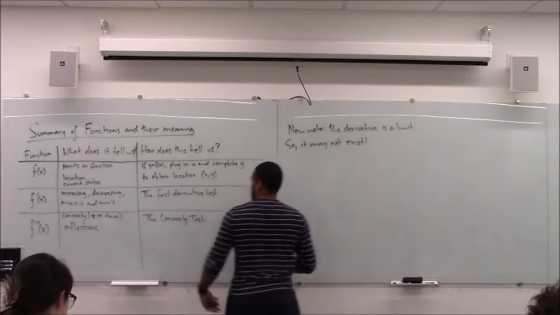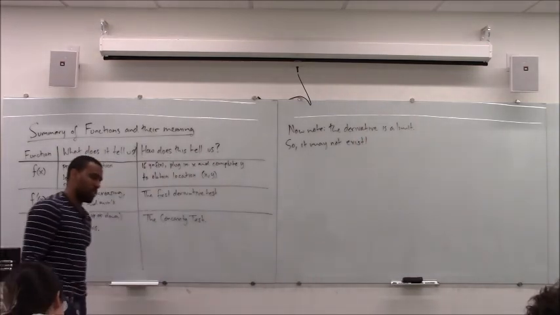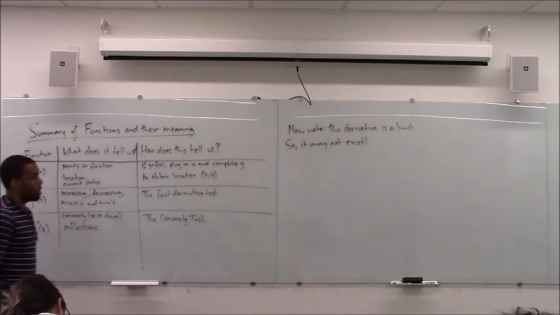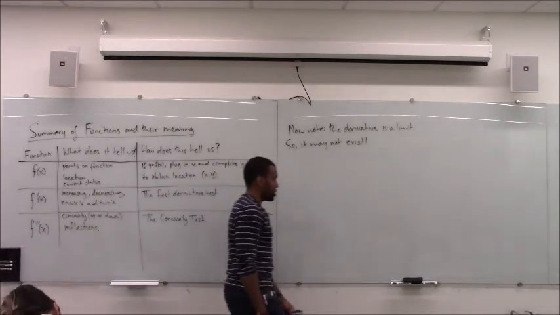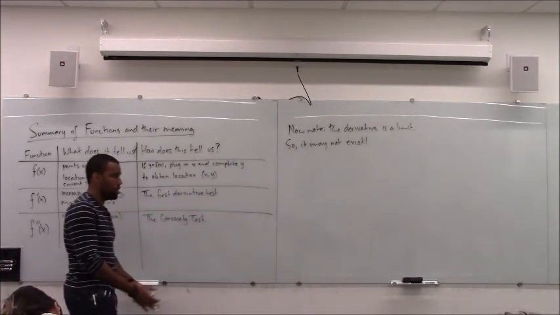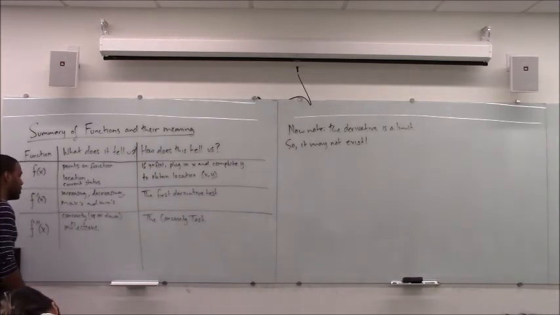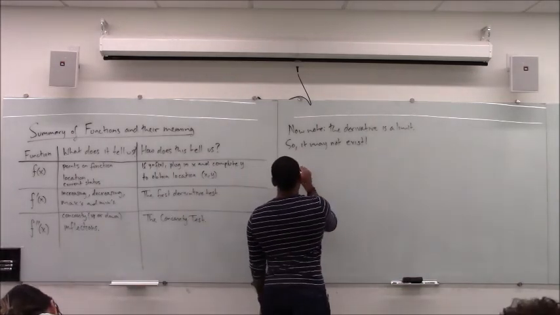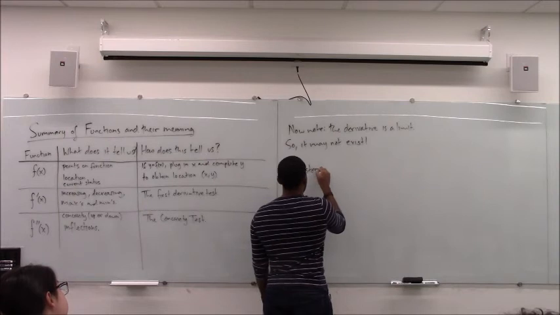So there are times when you want to be able to do this sort of analysis, but you're not in the situation where you can do it, because you can't actually find a derivative. So what I wanted to start with next is, how would you know when a derivative isn't an option to solve this kind of problem? When does a derivative not exist? So let's talk about the existence of the derivative.